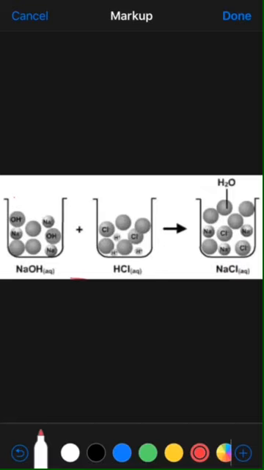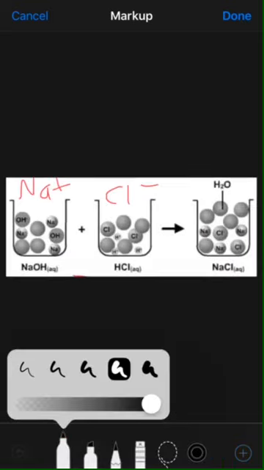Na reacts with Cl minus. So what is left here? The OH hydroxide ion and hydrogen ions are left. So the OH here reacts with the hydrogen H plus there in the acid, as we see.